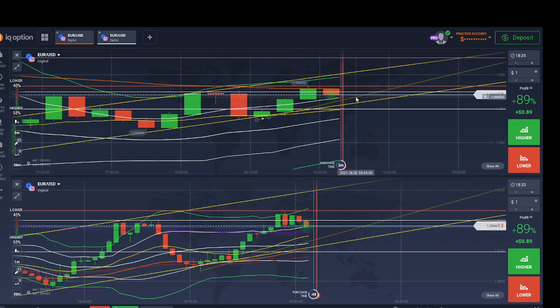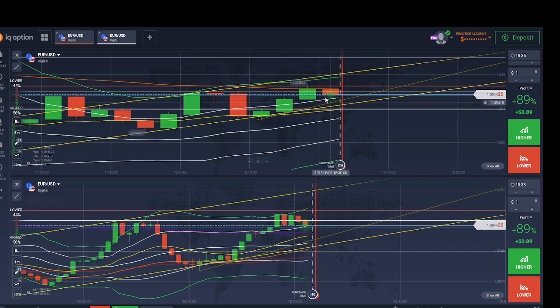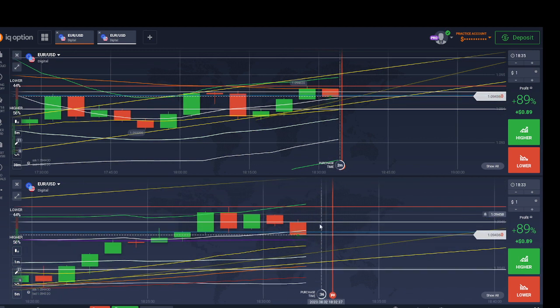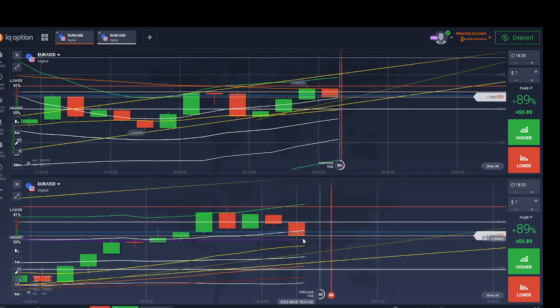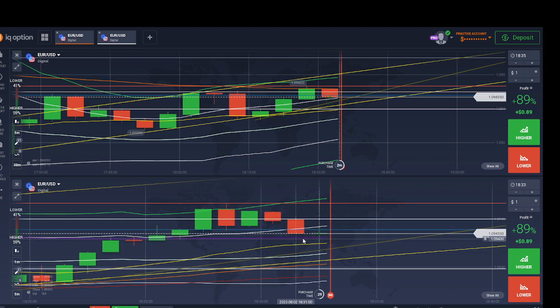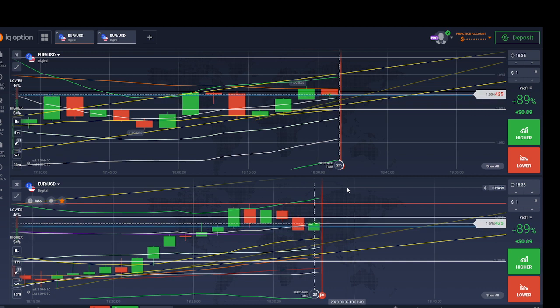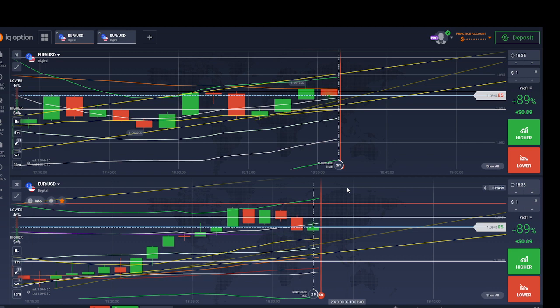But the thing is, it can come down from this level, and I want it to come down closer to the 100 EMA, a very good candle to call this a continuation.